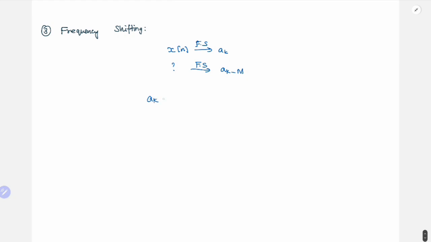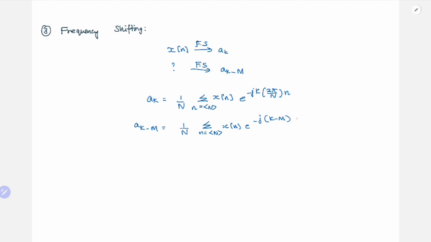So we have a_k equal to 1 by N summation n over N of x[n] e^(minus jk(2π/N)n). Now you have to replace k with k minus m: x[n] e^(minus j(k minus m)(2π/N)n).